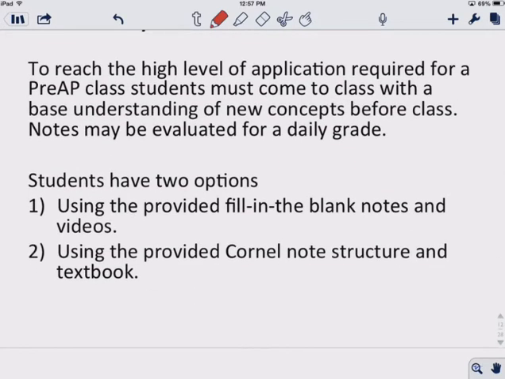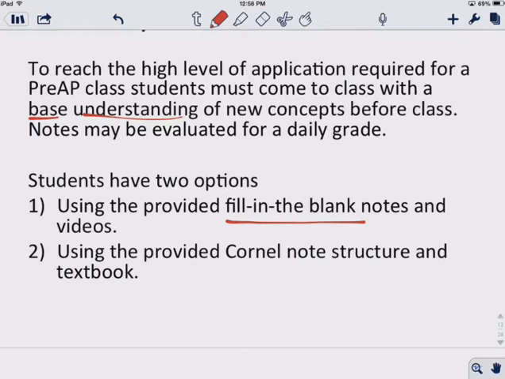In order for us to get to the level of application that we are expecting for pre-AP students, you're going to need to come to class with a base understanding of the concept. These notes will again be given to you either through a video or through the textbook, whichever you so choose. The video notes will be fill in the blank, very much like what we are doing with the syllabus.